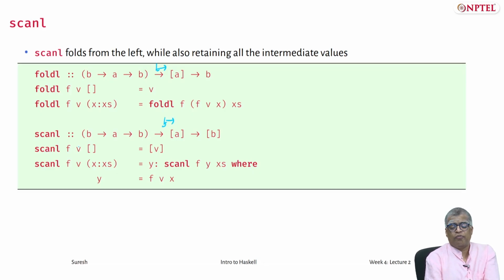So, scanl f v of the empty list is the singleton list v. scanl f v (x:xs) is v followed by scanl f y xs, where y is f v x, because f v x is the result. So every time you change the accumulator you are going to list that. And finally, corresponding to the empty list you are going to return the final value of the accumulator, which is also the overall value of the scanl.